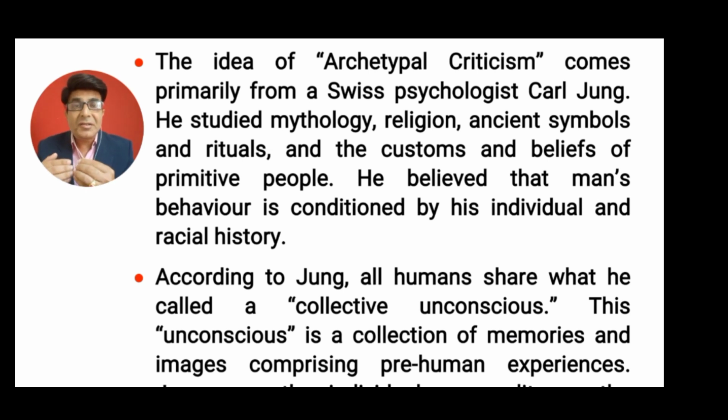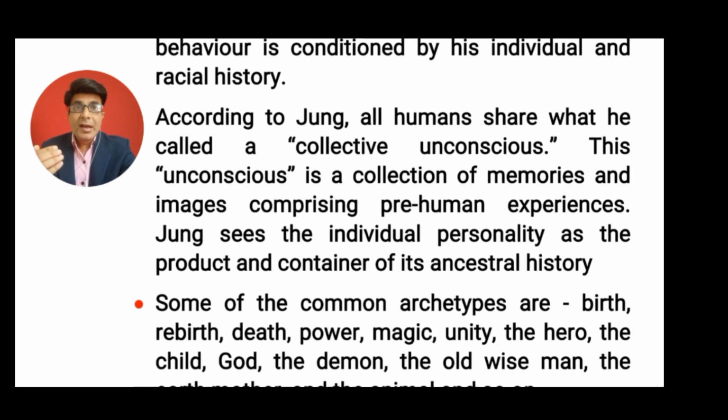He studied traditional ideas, traditions of the people. He also studied the psychology of the primitive people in olden times, and then he came to a conclusion. He believed that our behavior is controlled by individual and racial history. Racial history means our ancestral history.